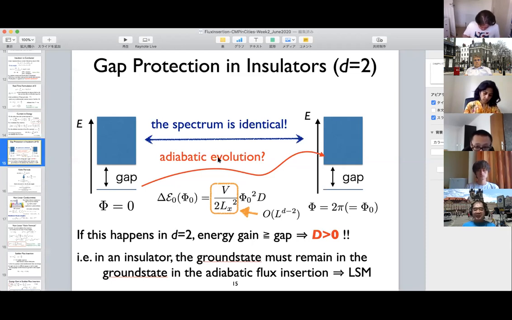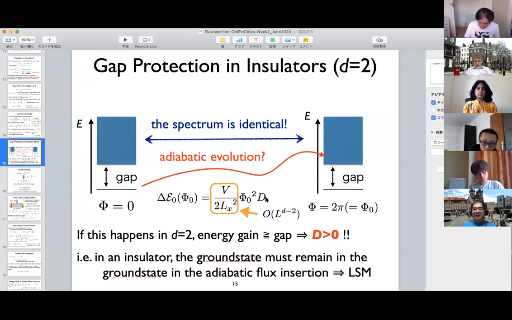So in 2 dimensions, if you have a gap, and if you have gap closing and your ground state evolves into some excited states by adiabatic evolution, then we can say that this system must have non-zero positive Drude weight, which means that the system must be a conductor in this sense. So in other words, if you assume your system is an insulator, then this cannot happen.